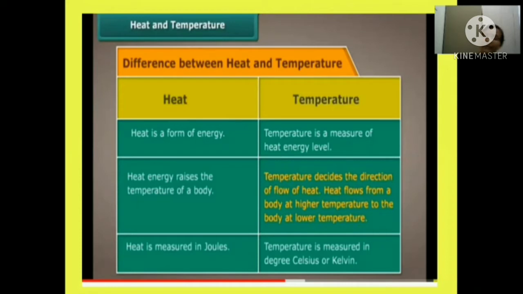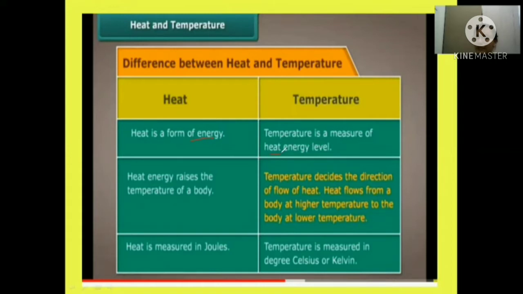Okay, in the same way, heat is also a form of energy. Heat भी क्या है? Heat is a form of energy. Heat एक energy का form है, and temperature is the measure of the heat energy level. तो temperature क्या है? Heat is an energy, and temperature is the measure of heat.